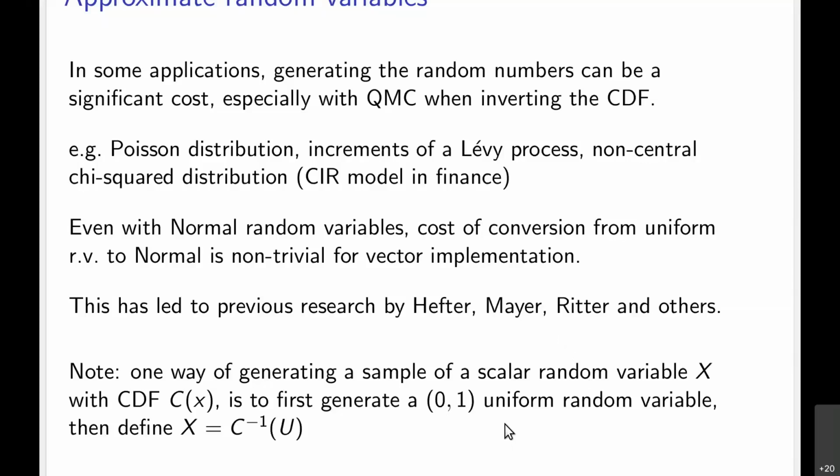One of the ways in which you can generate samples of a scalar random variable capital X is you first generate a uniform random value between 0 and 1, and then you invert the cumulative distribution function for X. Okay, so define capital X to be C inverse of U.